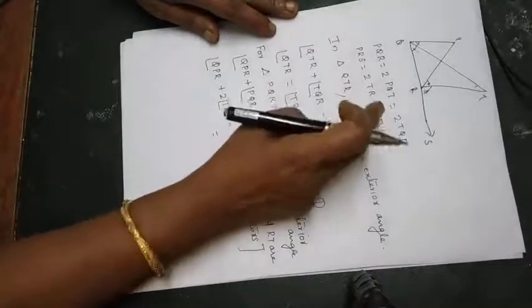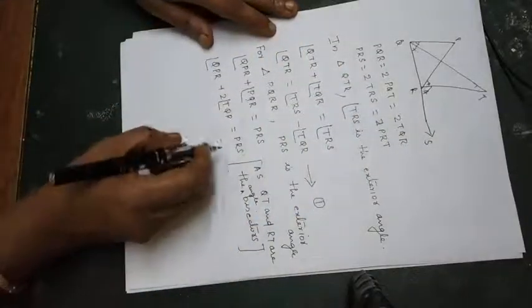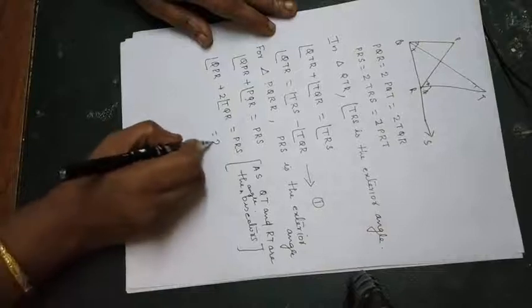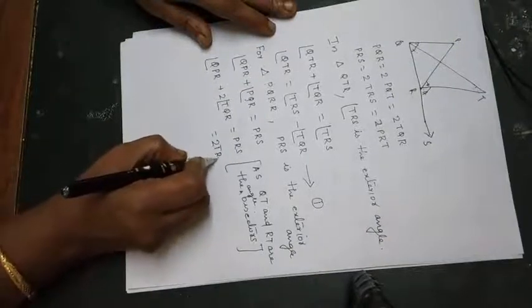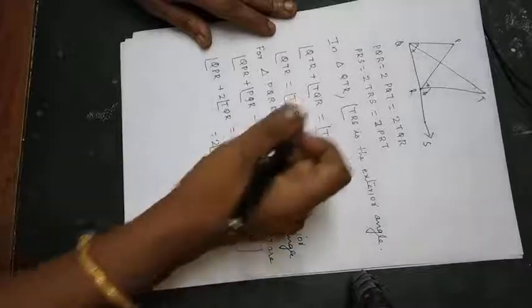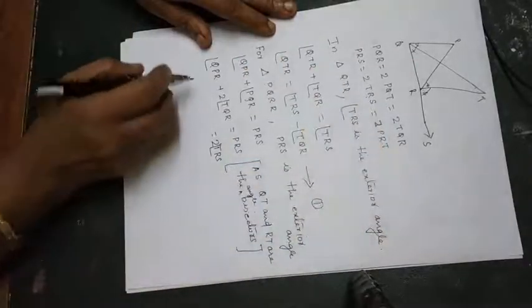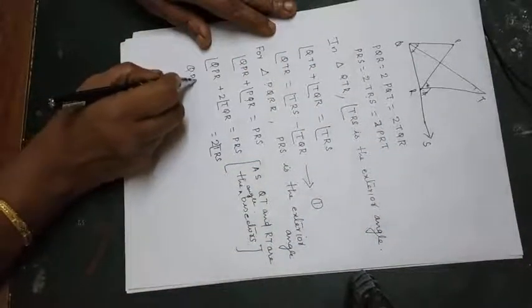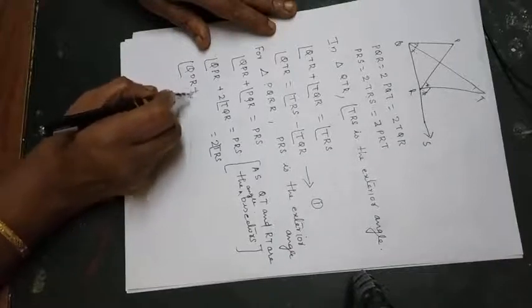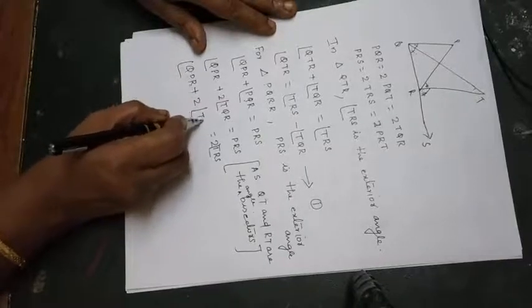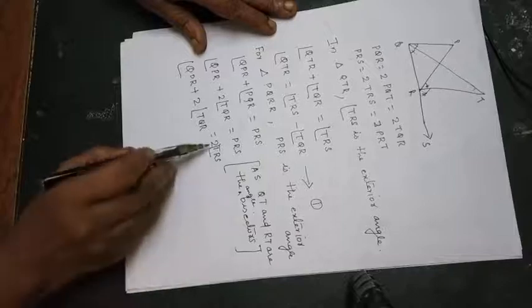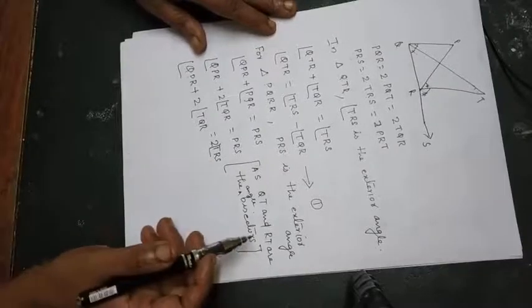What is PRS? That is equal to 2 times TRS. Change this one into this. So QPR plus 2 times TQR is equal to 2 times TRS.